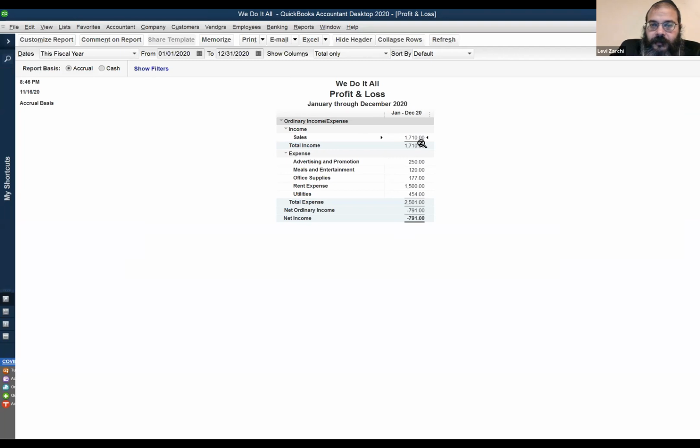Okay, it's showing here a net income of negative 791 for the year because we have total expenses of 2501. That also was stated in our updated syllabus in step number 6 and 7.